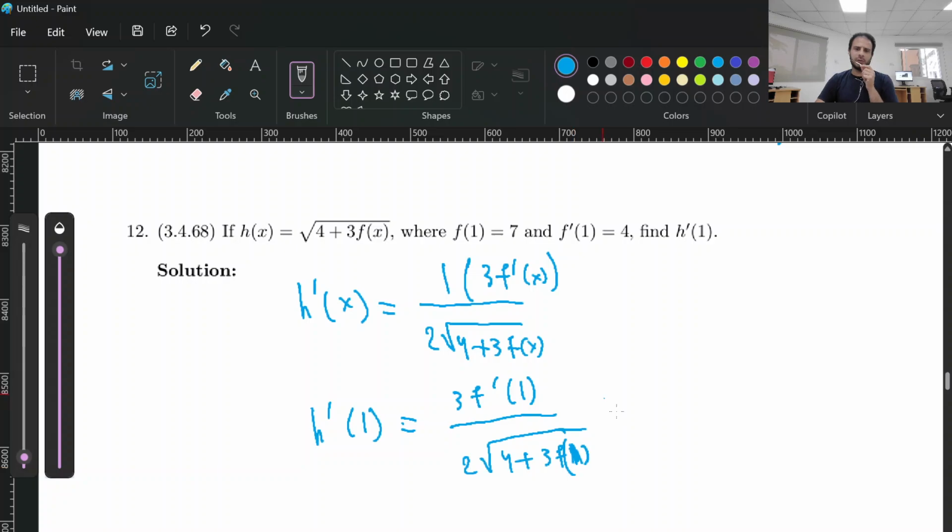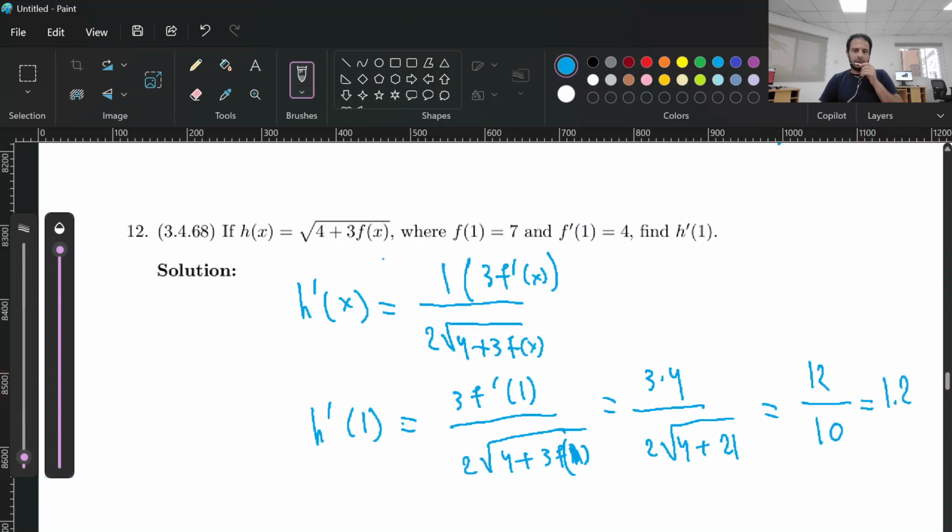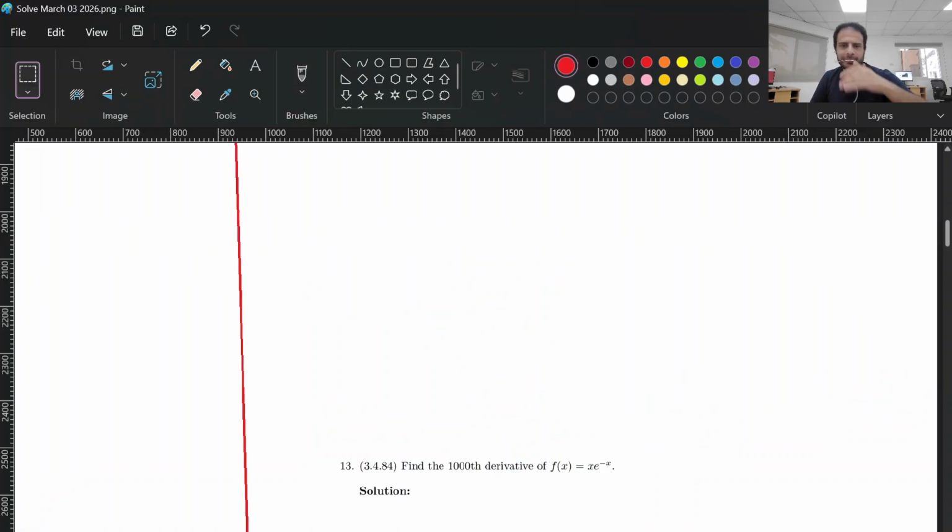Now, this equals what? 3 times 4, it's 12, so 12 above, over 2 square root of 4 plus 3 times 7, which is 21, right? So it will be 12 over 10, which is 1.2. Yes. Thank you.